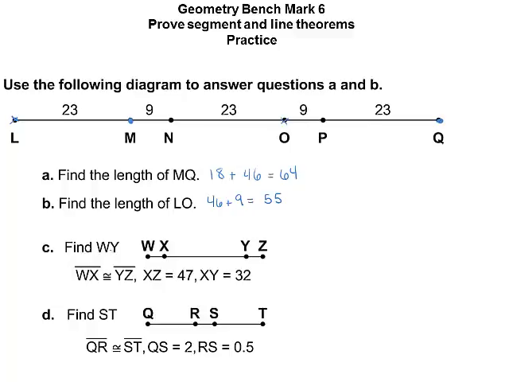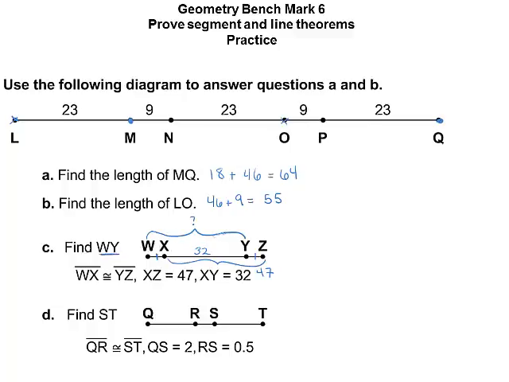Alrighty, we want to find WY, so we're looking for this part right here. WX is the same as YZ, and then of course XY is the same as itself, so if I have XZ, that's this big piece over here, is 47, and XY is 32, but I'm trying to find WY.